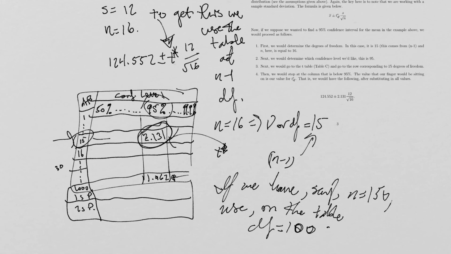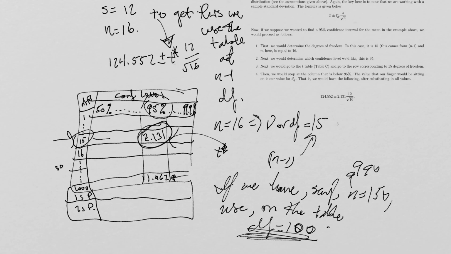That's just because it's the closest thing we have to 150. I don't want you to go up to 1,000, not because it's so far away, but because it's essentially allowing for more degrees of freedom. I'd rather have you be more cautious and restrict it so you have fewer degrees of freedom. So if we were to say have n equal 990, I'd still want you to use degrees of freedom 100 because I don't want you to add those 10 extra degrees of freedom. So if you ever have to pick in between, just pick whatever's the safer bet, which will be the lower number.